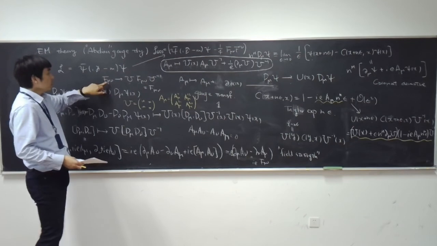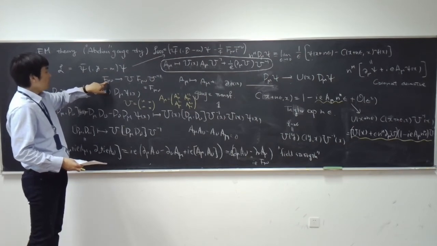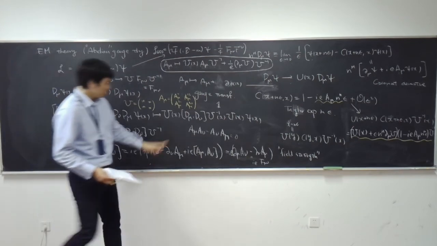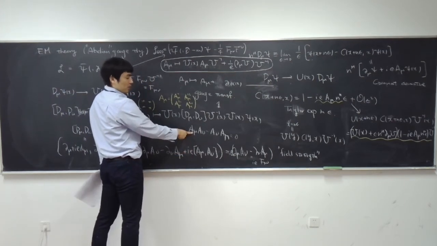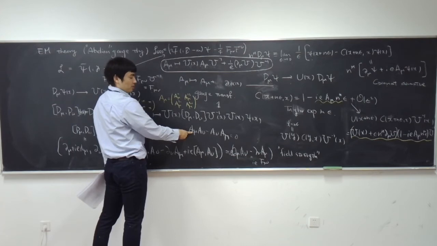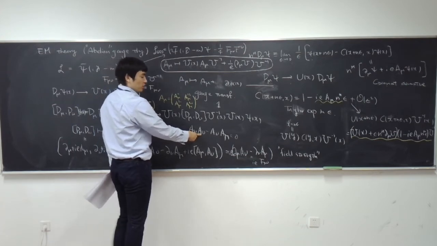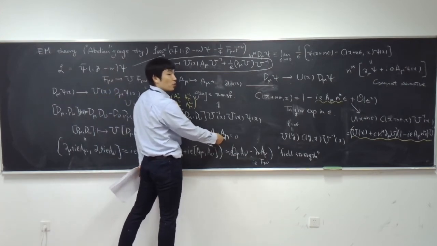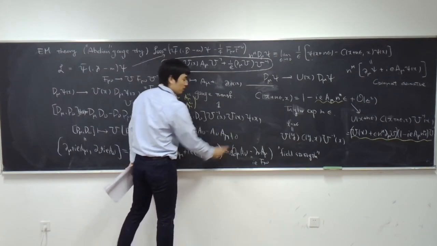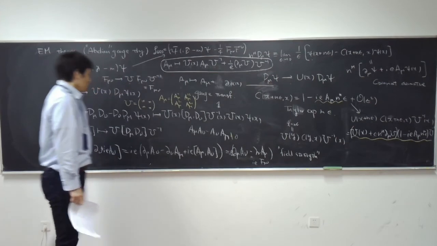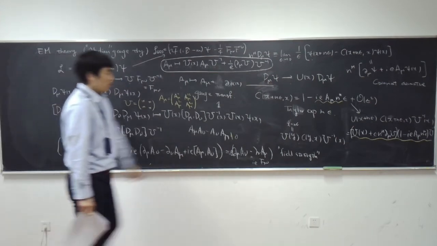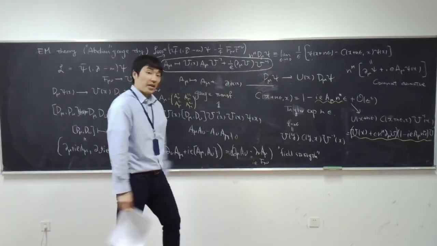Let's move on step by step. If A mu is matrix valued, then the commutator of A mu and A nu is no longer 0, so you have to keep this term. Therefore F mu nu also takes a matrix value.